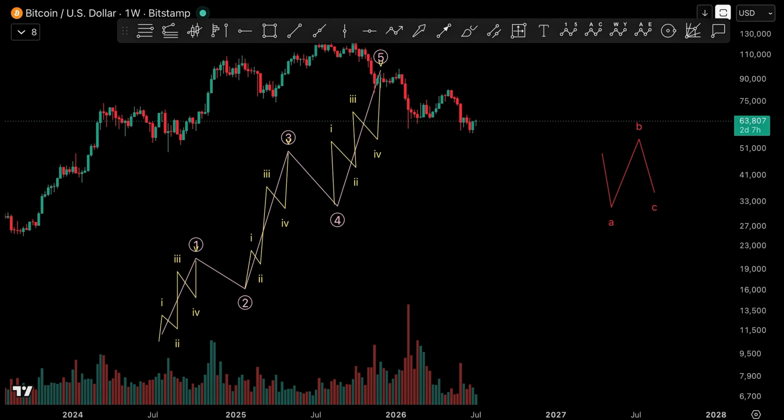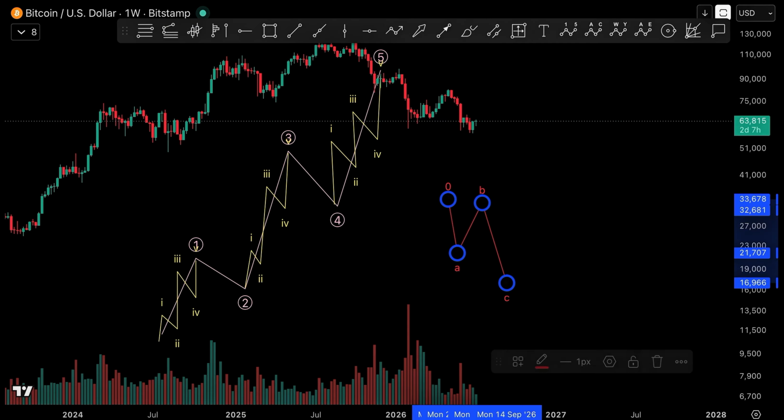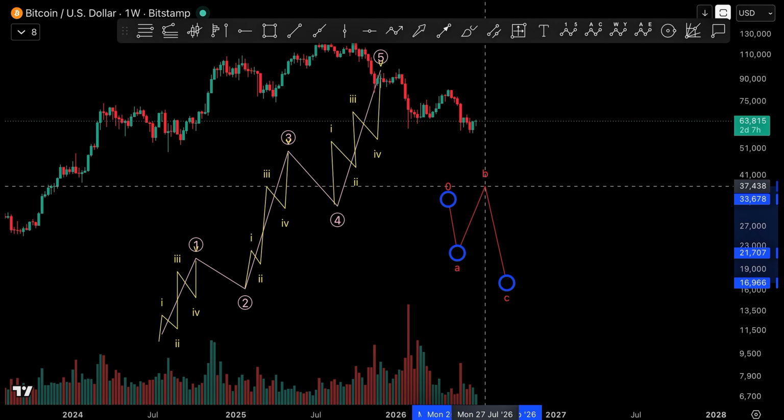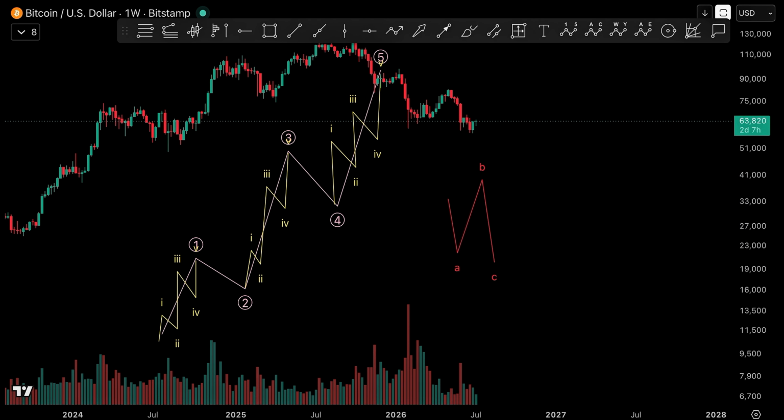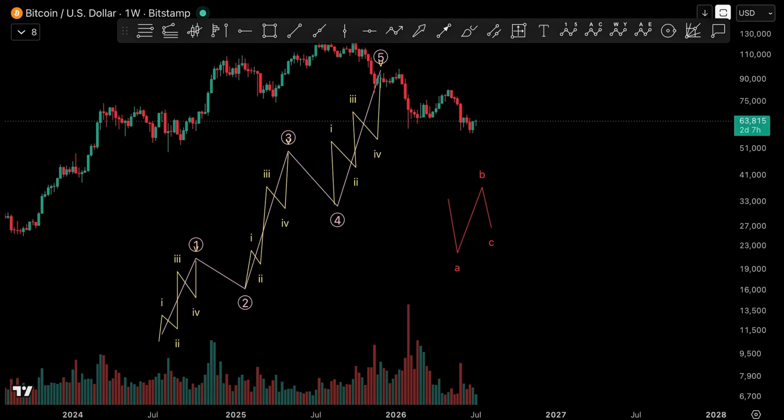Now what about wave 2 and wave 4? This is where it comes in, as there are a lot of different structures of corrective structures. As I said, ABC is one of them, okay, where this could be a normal flat here, and then this is the extended flat, and then there is a running flat.